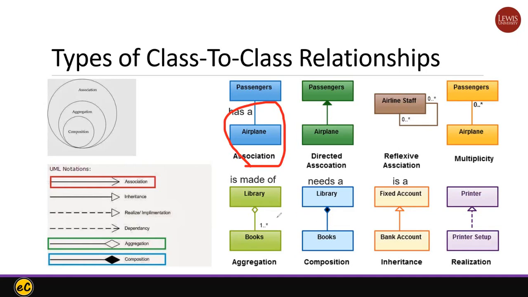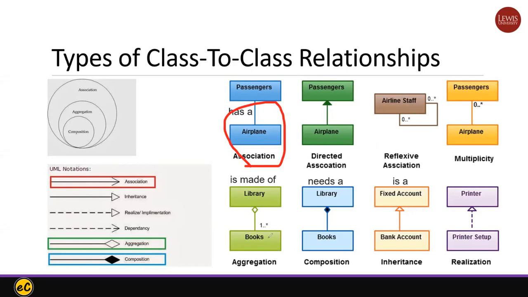So airplane has passenger. Airplane has passenger, and an airplane can also have another airplane. So these are self-associations.